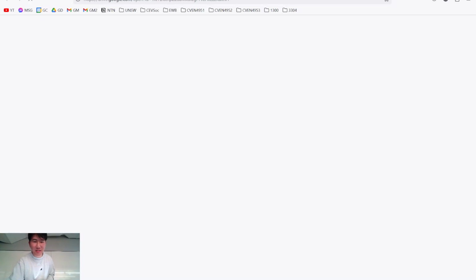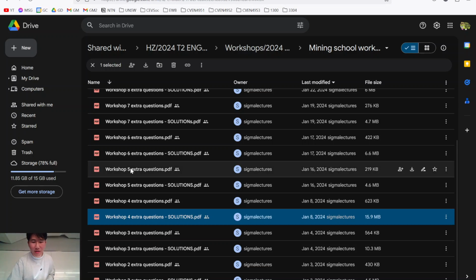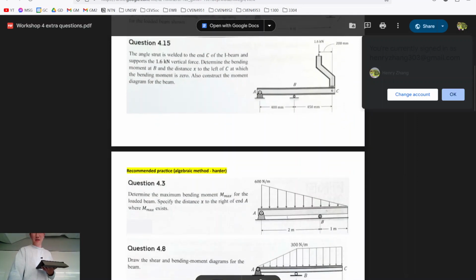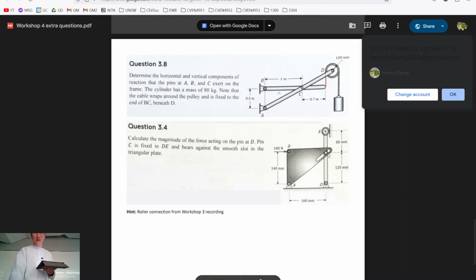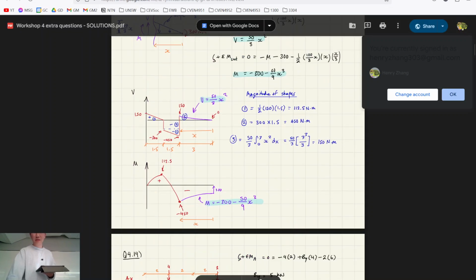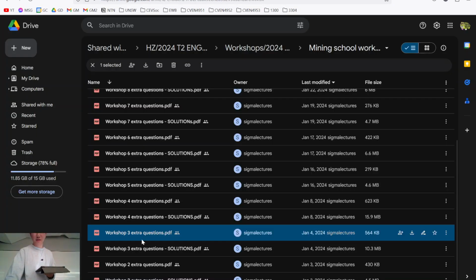I cherry-picked these questions from the MEC booklet, and I've laid them out like this, and they all have solutions and stuff like this, right? So that's for beams. You might also want to look at workshop 3, which is the trusses.